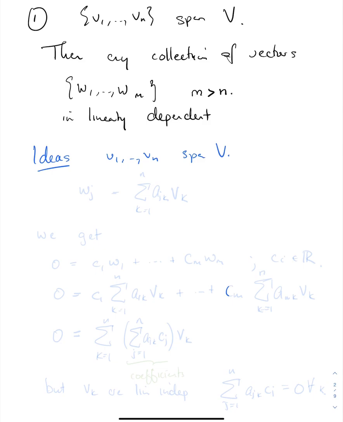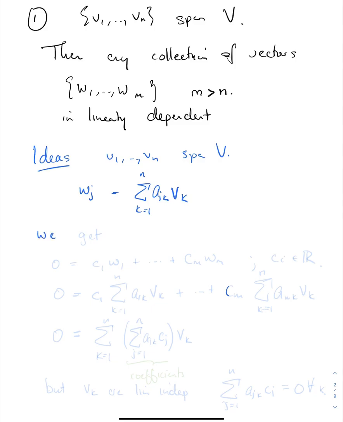So I'm going to use some notation for this. One of the W's is going to be some sum of the V's with some kind of coefficient. I've labeled it so the k tells you which vector V it's attached to, and the j tells you what vector W it's attached to.